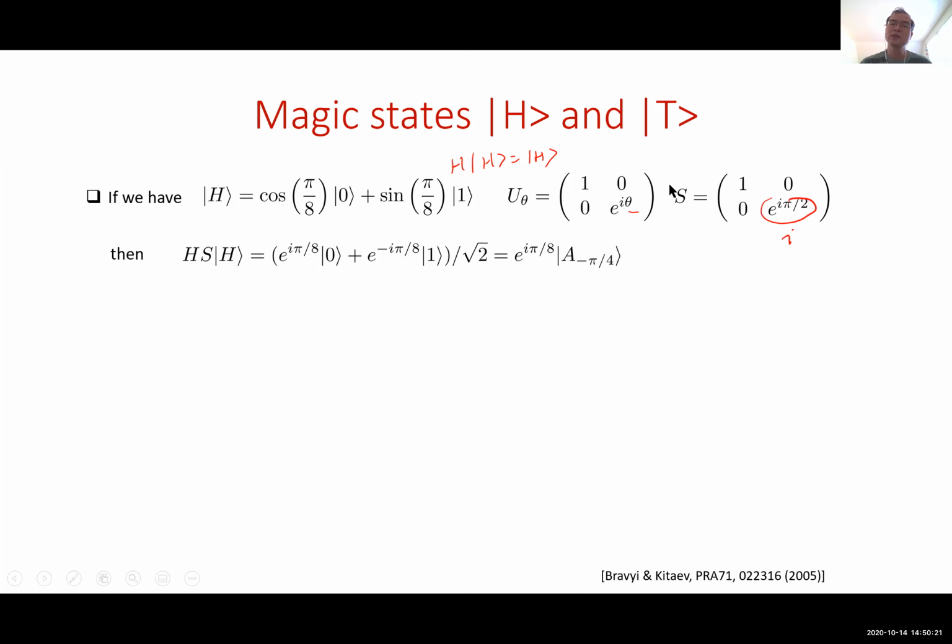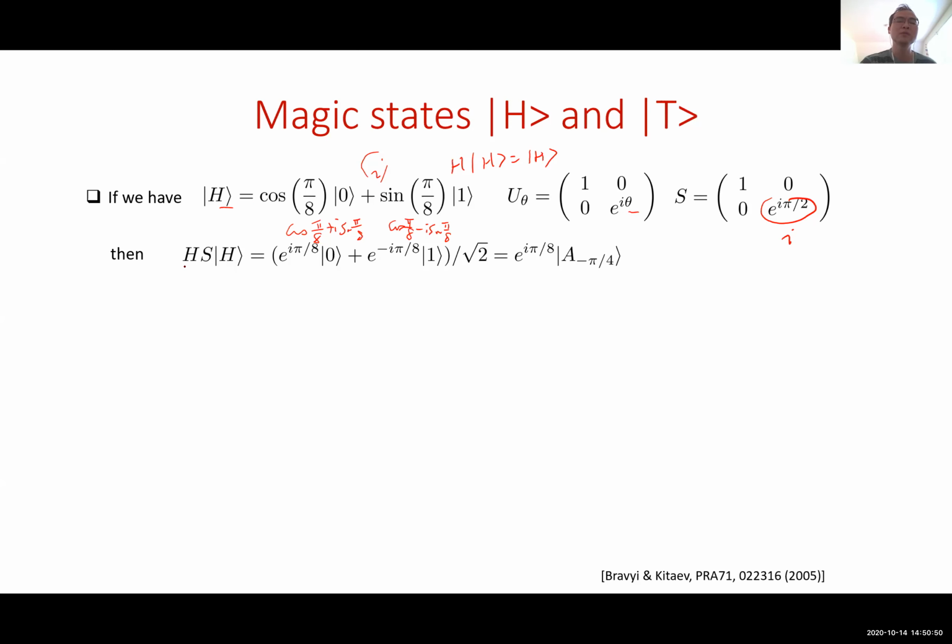This phase gate S is in the Clifford group. So if you apply S and then Hadamard, you can see just by putting a phase here, for example, the phase gate would put this, and Hadamard would just combine cosine pi over 8 plus I sine pi over 8 in one case, and in the other case we'll put a minus sign.